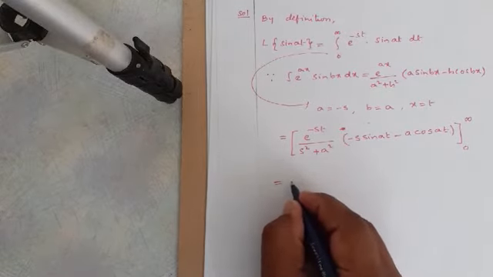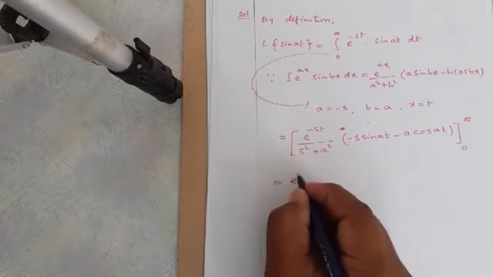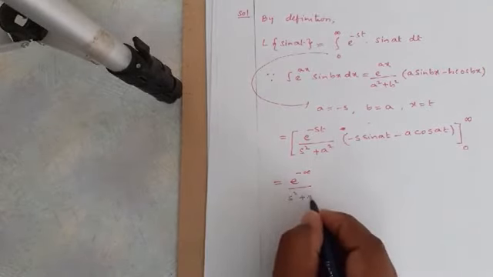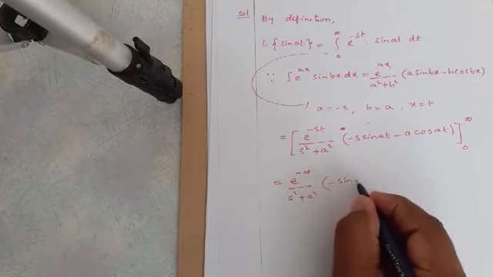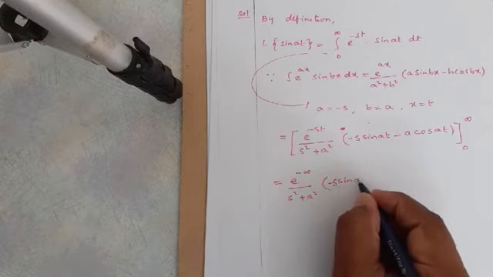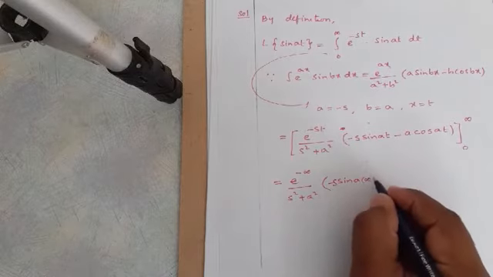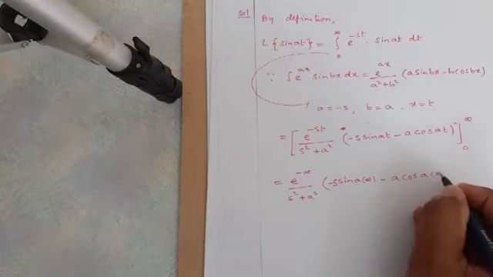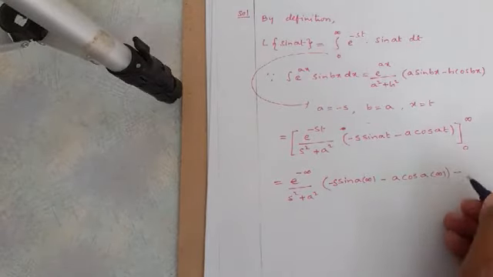Now I write e^(-s) into infinity, so that becomes e^(-infinity) upon s square plus a square, in bracket minus s sin a into infinity, where we are substituting in place of t, minus a cos a infinity, then close the bracket, then minus, upper limit minus lower limit.